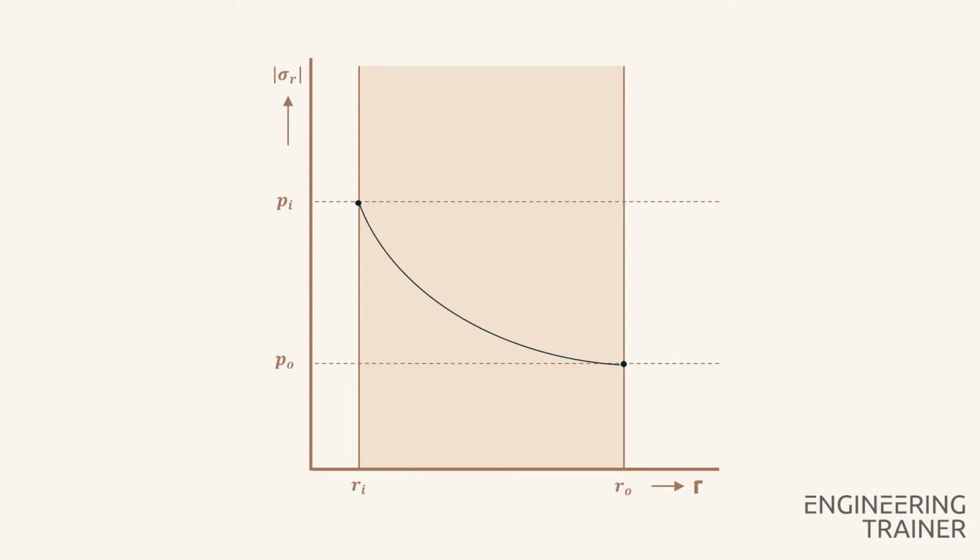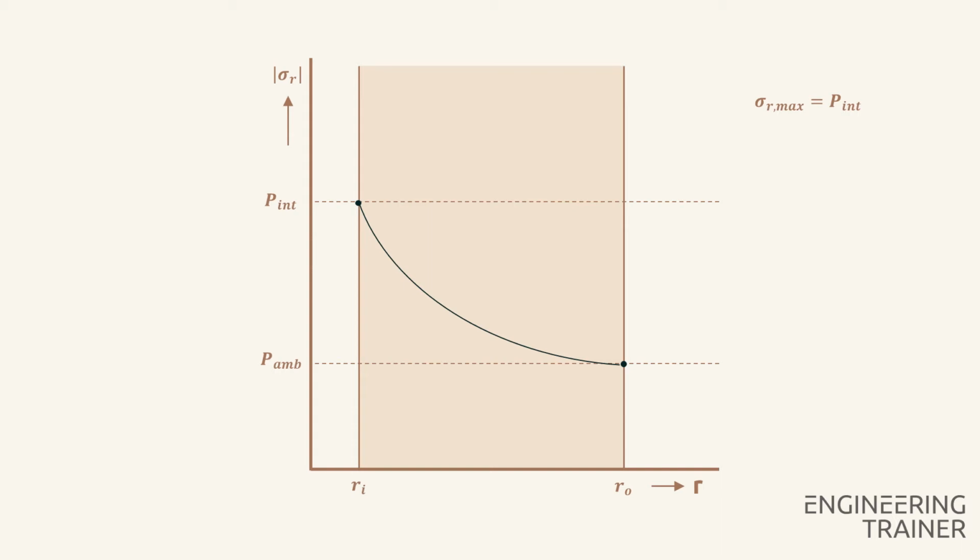Let's label the inside pressure as the internal pressure in the pipe and the outside pressure as the ambient pressure. We see that all radial stresses in our system are between both values, so the maximum radial stress is simply equal to the internal pressure in the pipe.